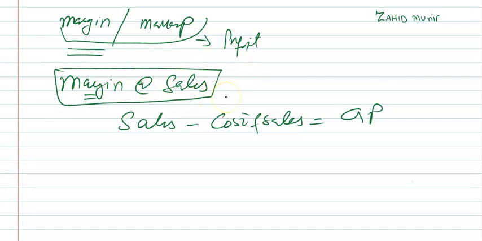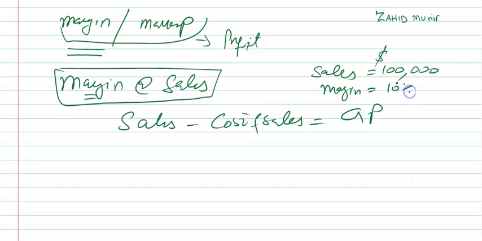Suppose they have given you sales of $100,000 and they have given you a margin of 10%.